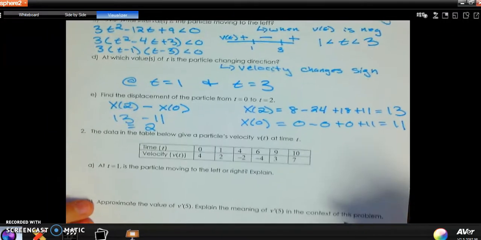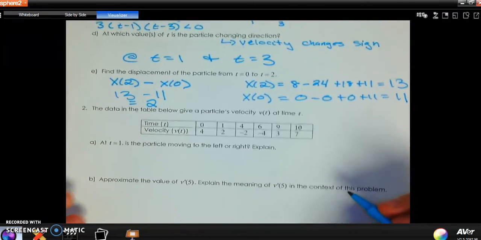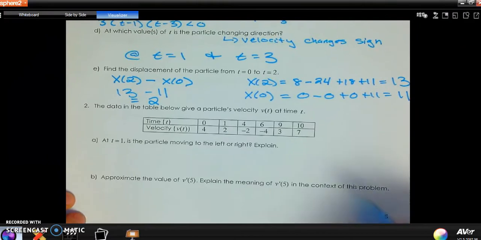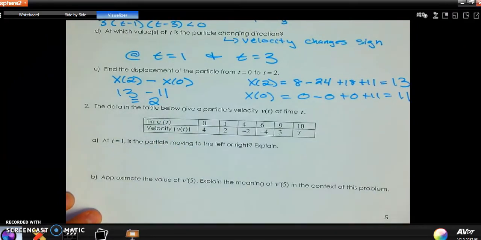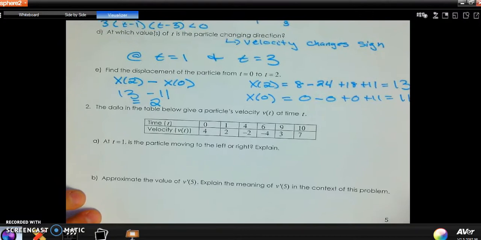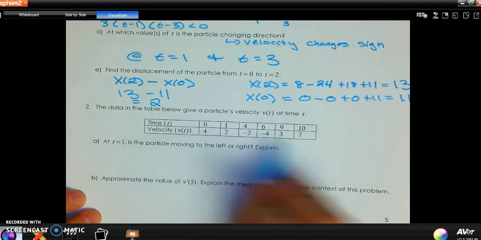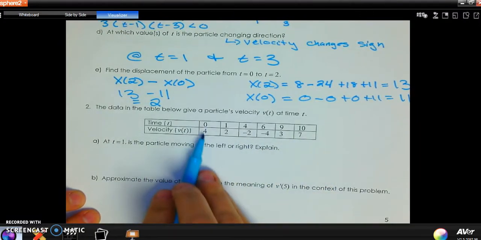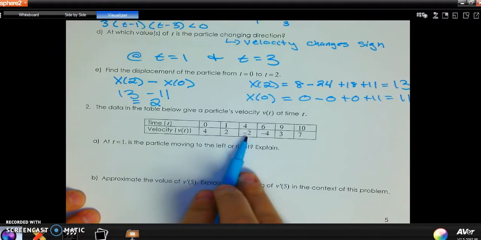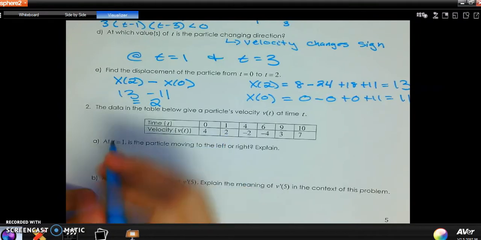Okay. And down here, the data in the table below gives the particle's velocity over time. So we have a classic velocity versus time graph. And it asks whether the particle is moving to the left or right. So you're given a table. You have a positive velocity, then a negative velocity. At t equals 1, it's positive.